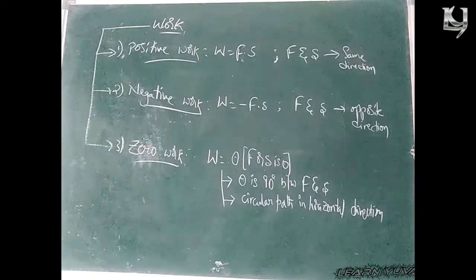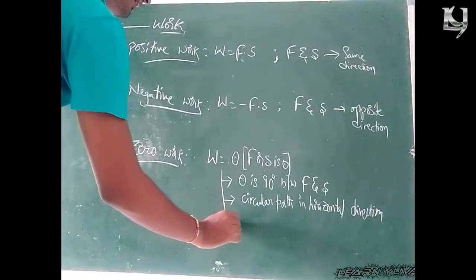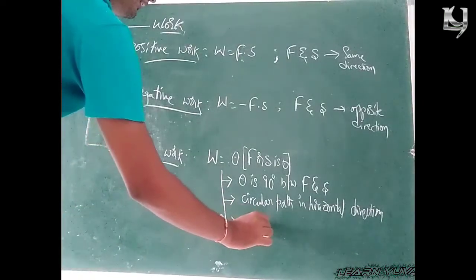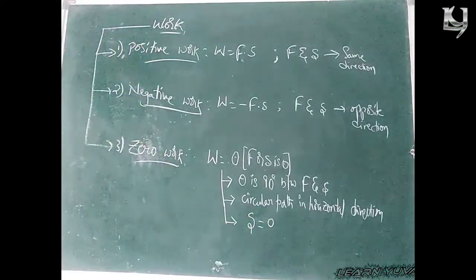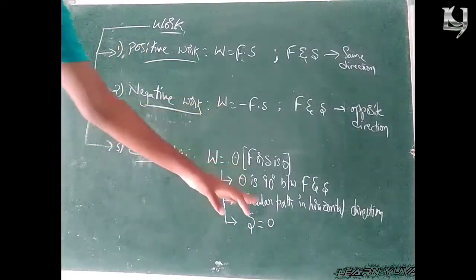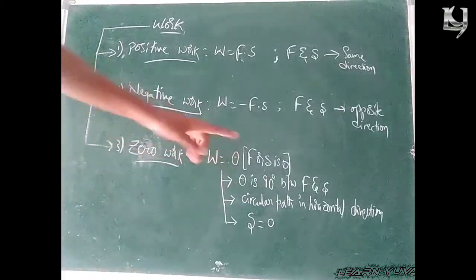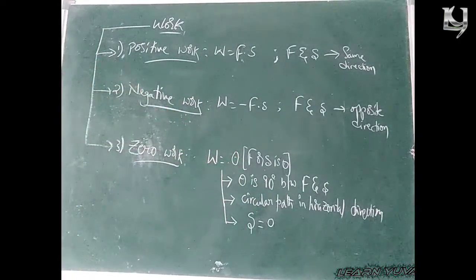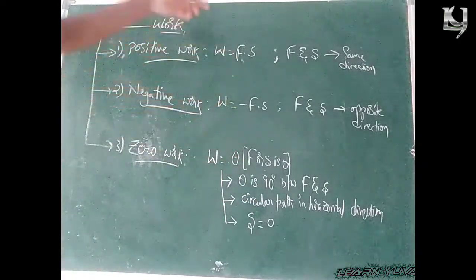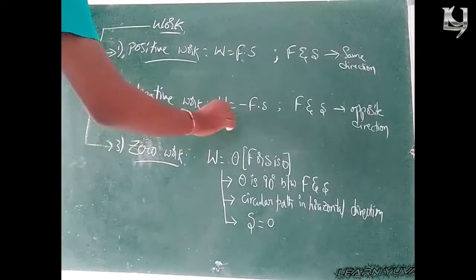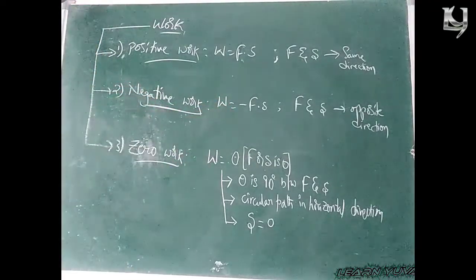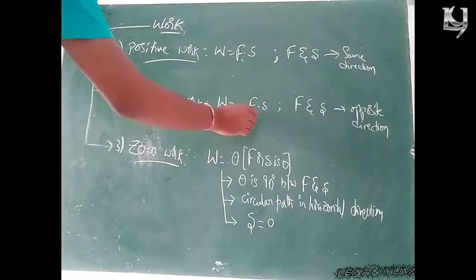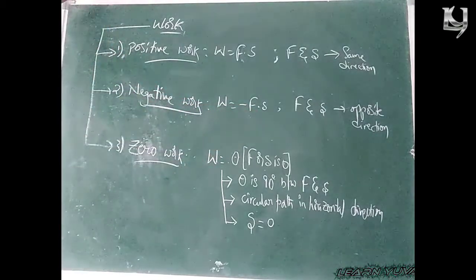Next, if the body does not displace its position, then the work done is 0. For negative work done, I said work done against gravity, that is minus Fs.